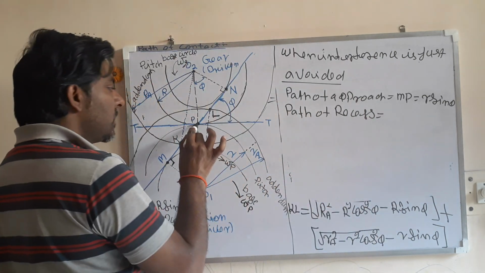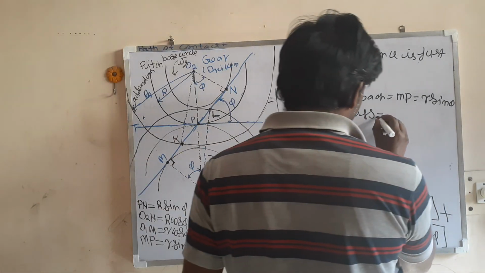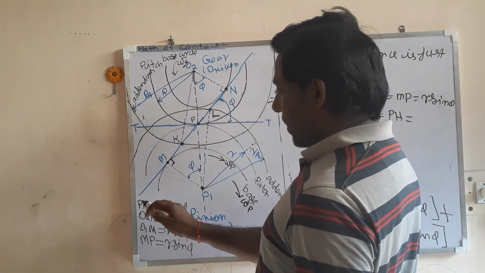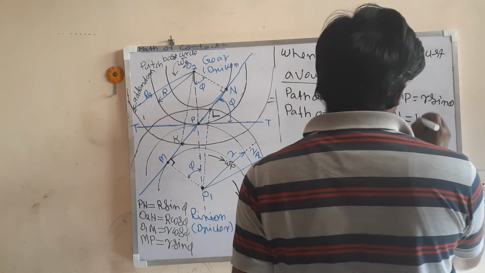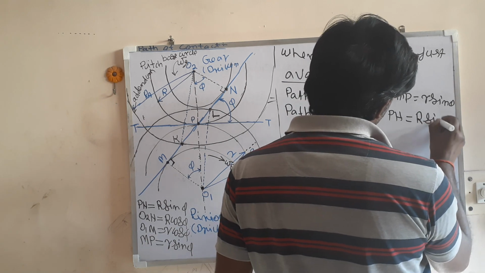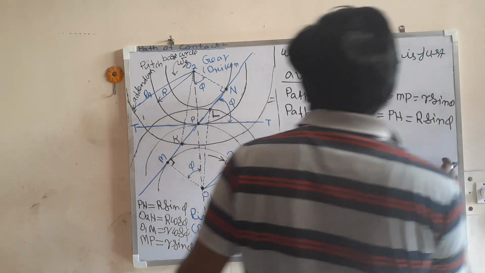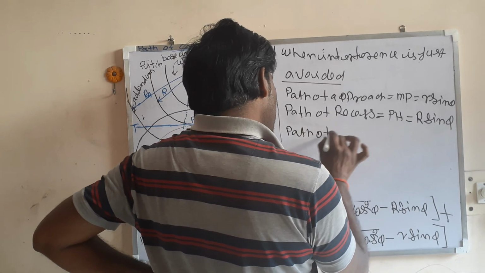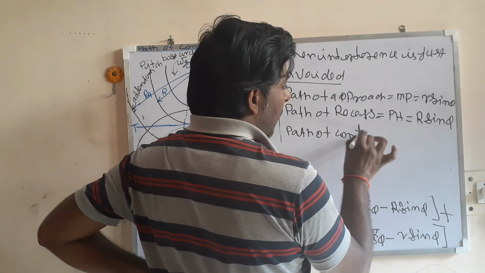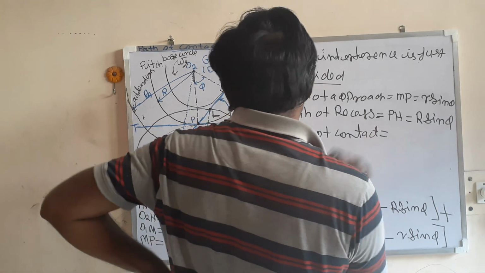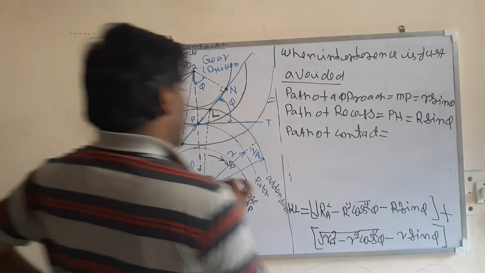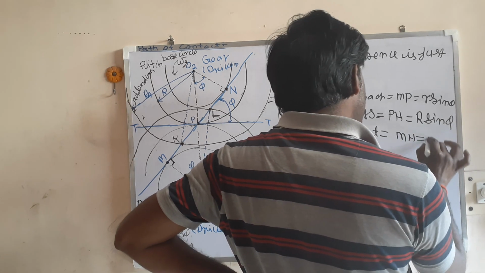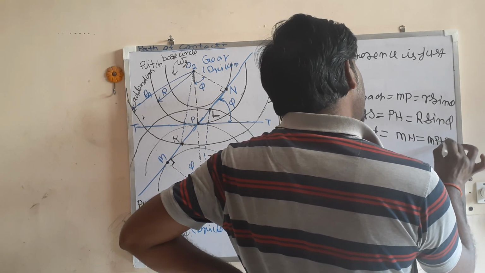So path of recess is equal to what? This PN. Path of recess is PN. Already I have written here the value of PN: capital R sin phi. So what will be the path of contact? The path of contact will be MN. So this MN is equal to MP plus PN.